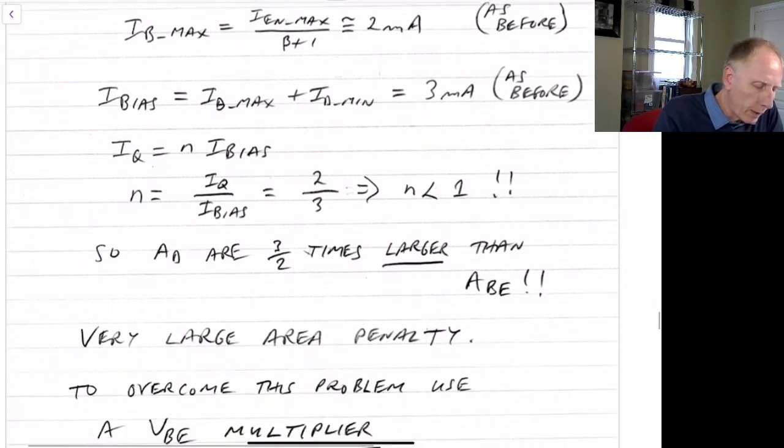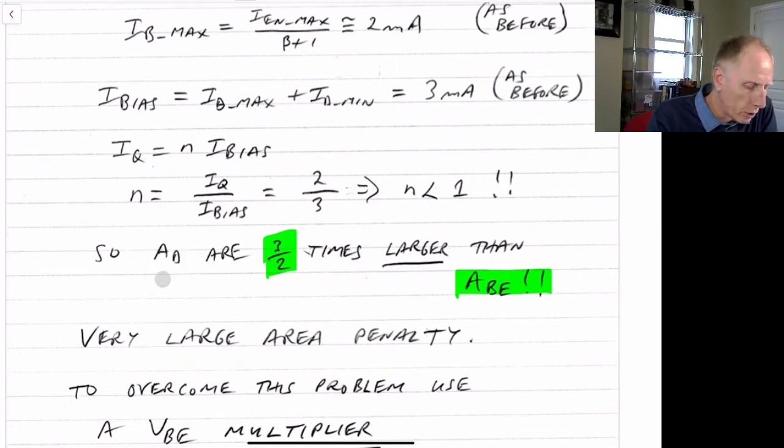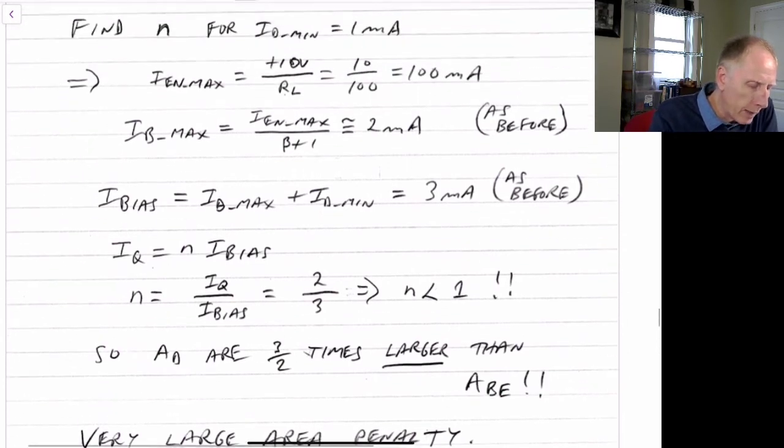So in this particular case, the area of our diodes are actually larger than our power transistors. They have to be 1.5 times larger than the area of the power transistors. And that's a significant silicon area waste. You might ask why this isn't still just 1 as it was before. It's because we had this constraint that we always had a minimum current of 1 milliamp extra on top.